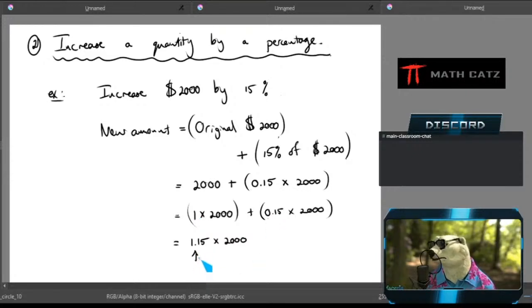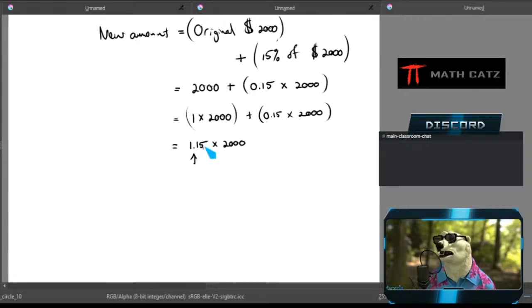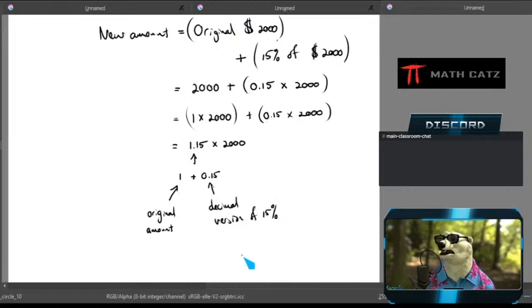So the factor that is applied to the 2,000 stated originally is 1 plus 0.15. The 1 is referring to my original amount that I keep. I don't lose the original 2,000. The 0.15 is the decimal version of the percentage in question.